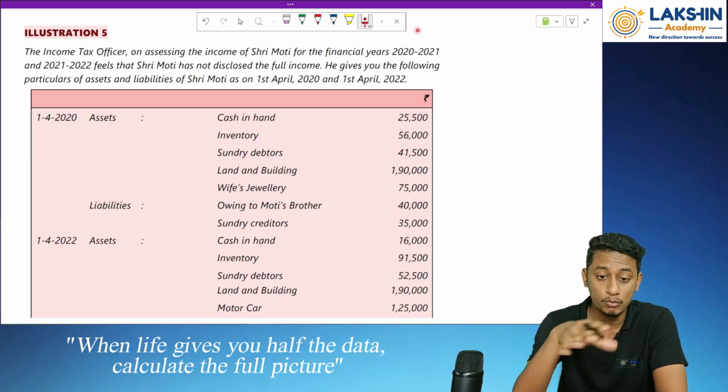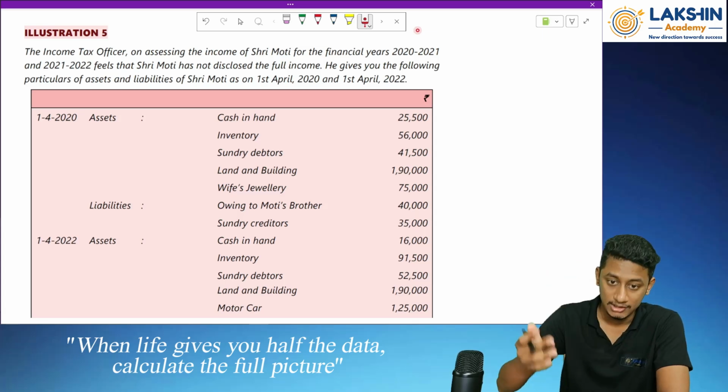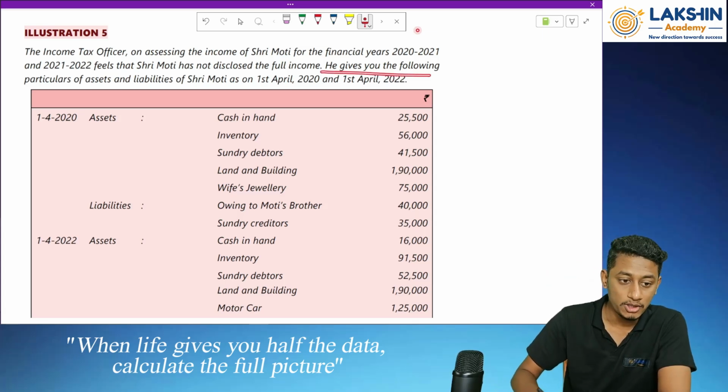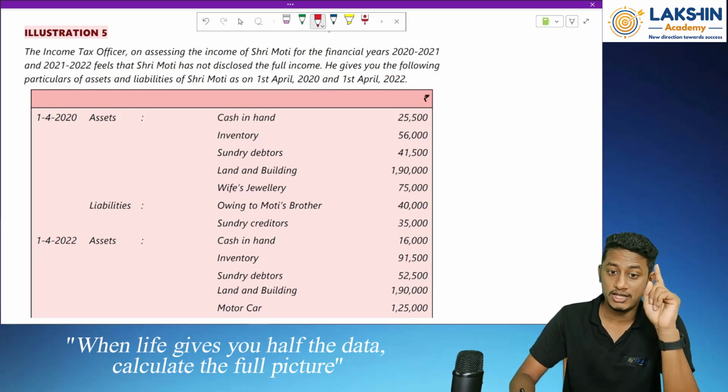So we know what that means. I need to find the actual income of Shri Modi using the records given to me. Let us see. He gives you the following particulars of assets and liabilities of Shri Modi as on 1st April 2020 and 1st April 2022. So now look here carefully.